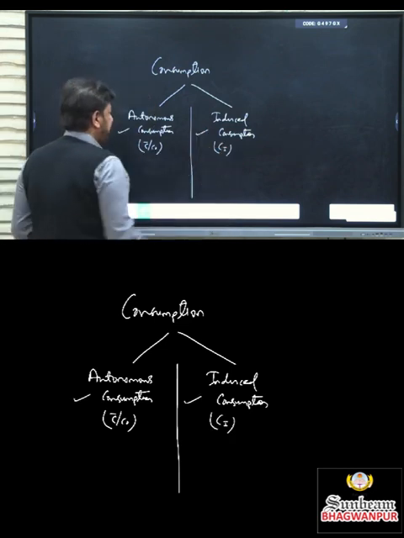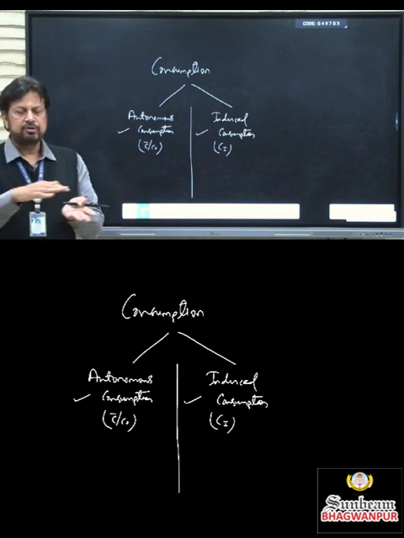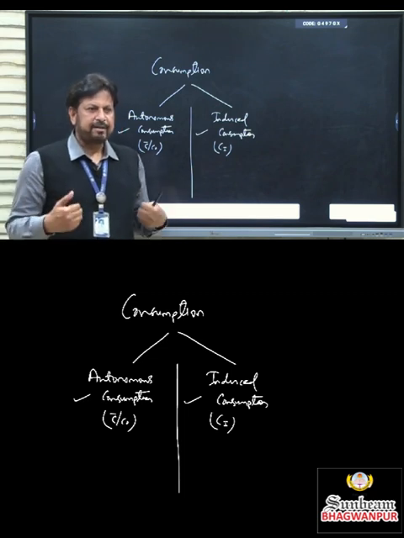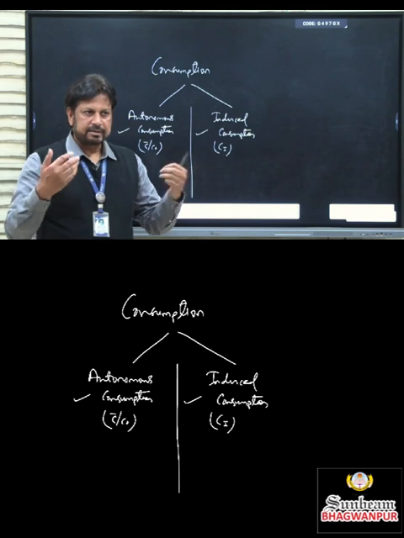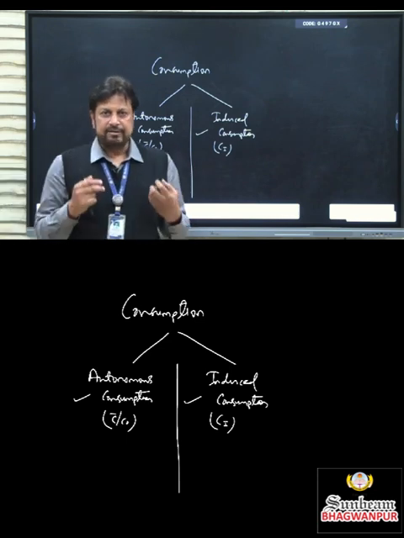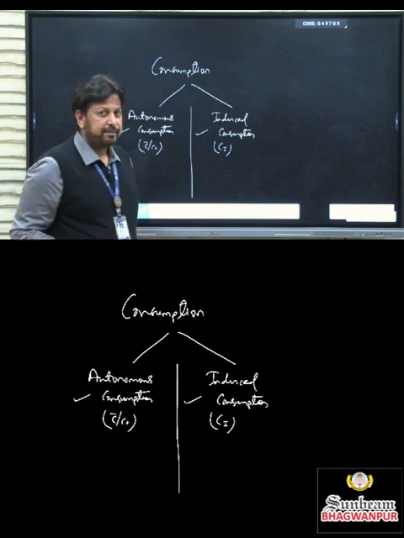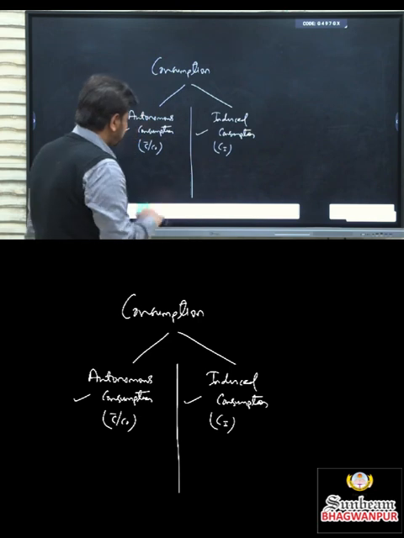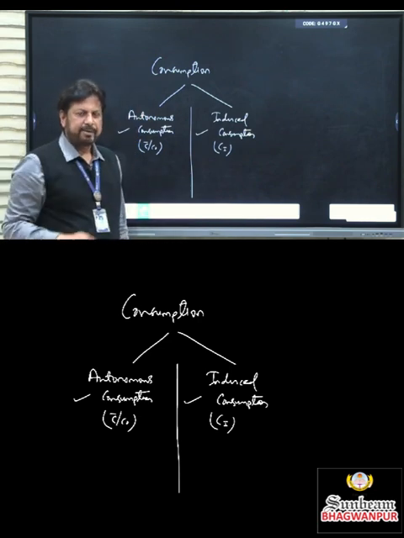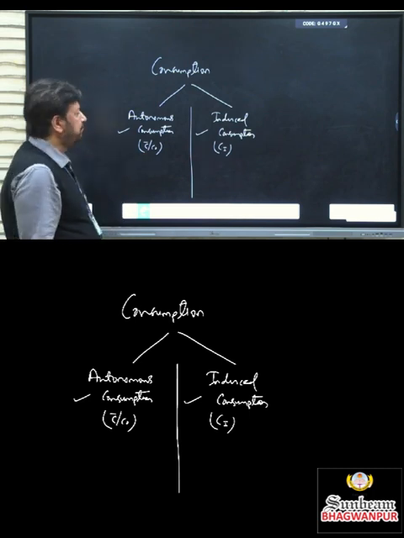Autonomous consumption is that consumption that does not depend upon the level of income. It means that even when the income is zero, for survival we require some minimum consumption, so even at zero level of income, consumption can never be zero. So you can define autonomous consumption as the consumption at zero level of income, which is positive.